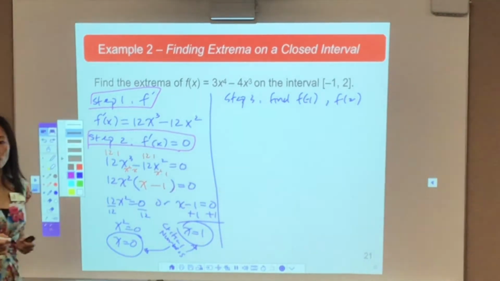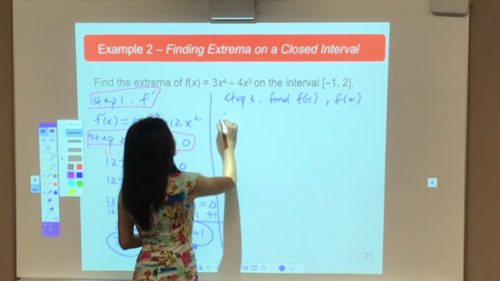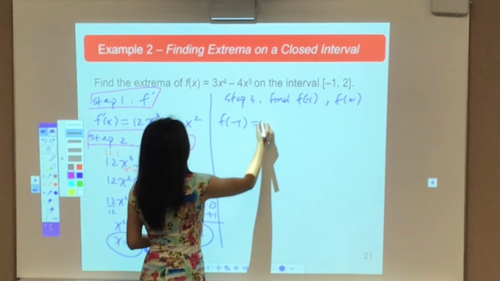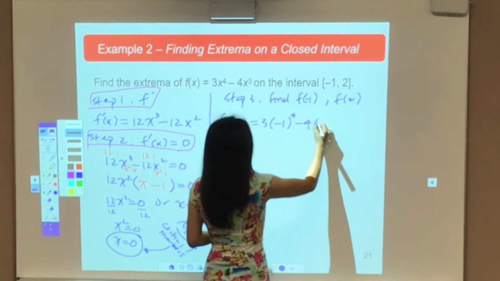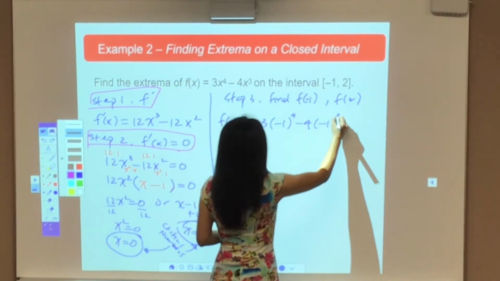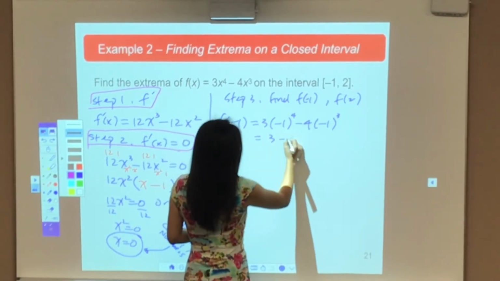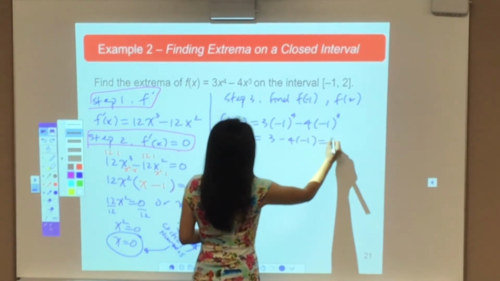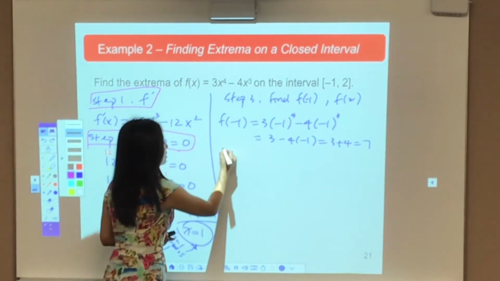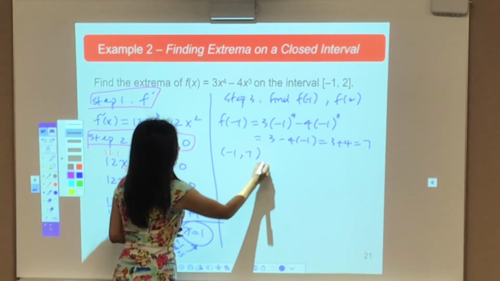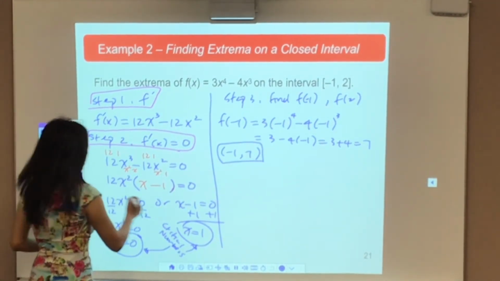Find f of -1 and f of 2. So plug it in. F of -1 is 3 times -1 to the 4th minus 4 times -1 to the third. What does it give you? 3 minus 4 times -1 gives me 3 plus 4, which is 7. So at this point it's -1 comma 7. That's my point.